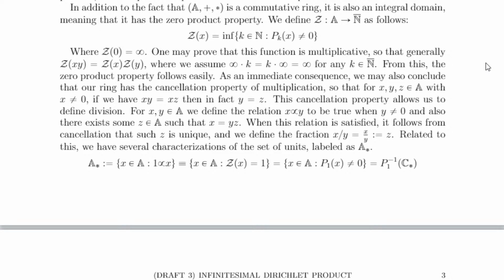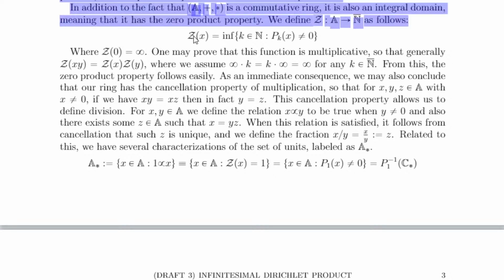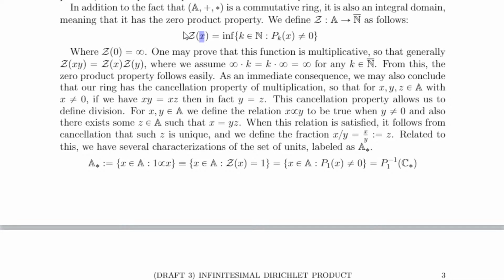The way to prove that is we're going to define a special function. We're not going to prove it explicitly, although if you want, we can. We'll define this special function z, and for each of the inputs x, where x will be an object in our space of higher numbers, we'll take the infimum of all the indices k where the kth projection is non-zero.